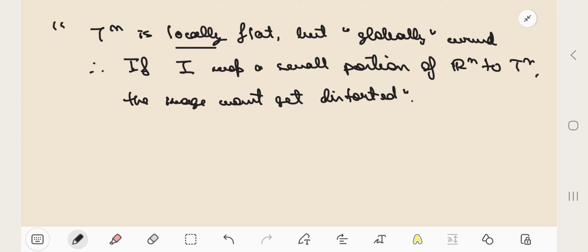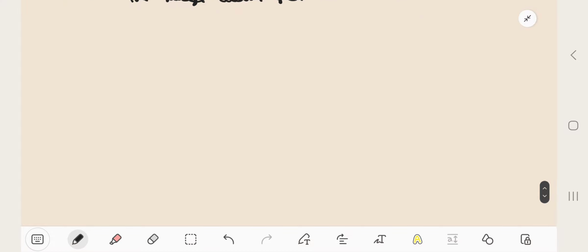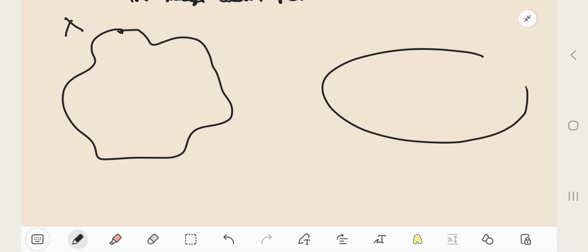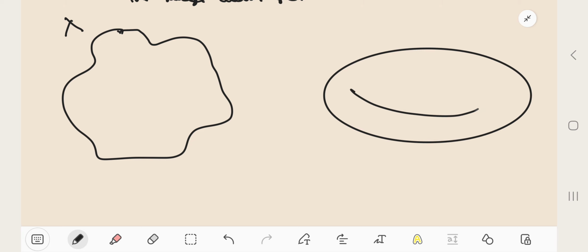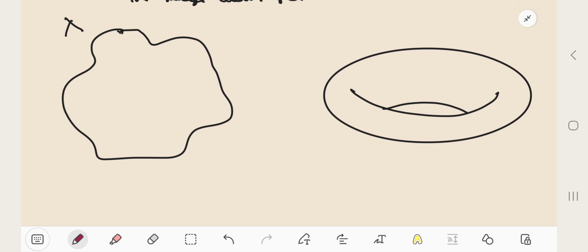Okay. And if I talk about injective maps, now carefully observe this. Let me take the example of a torus and an arbitrary region. Suppose this is an arbitrary region, let's say X, and this is your torus. Suppose I have an arbitrary map from Rn to Tn. I restrict that map to X and I see that this map is injective.